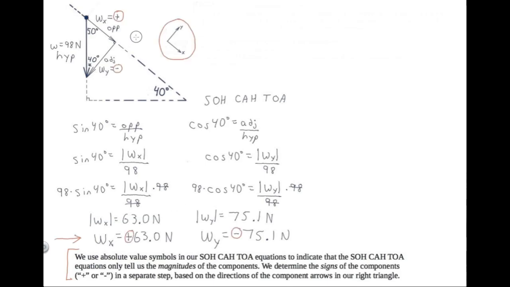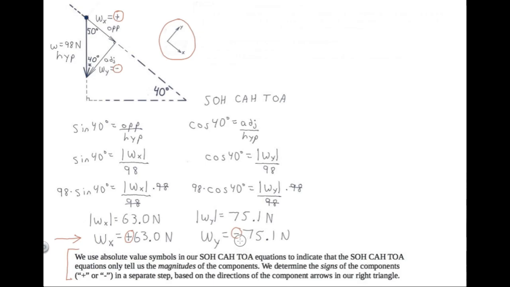We already decided earlier that W sub x is pointing in the positive x direction, and W sub y is pointing in the negative y direction. So W sub x is positive and W sub y is negative. It is crucial to include this negative sign in front of W sub y.